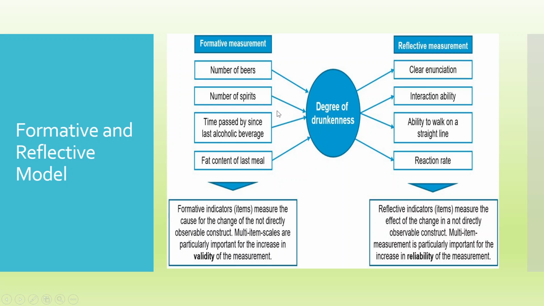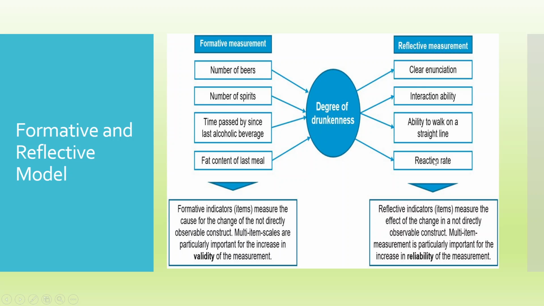Now, it is not necessary that a person to get drunk should consume all of them simultaneously. Even one of the criteria is enough for a person to get drunk. It means that there is not a high degree of correlation among these statements. So these are the causes because of which the person gets drunk, and these are the consequences of being drunk.